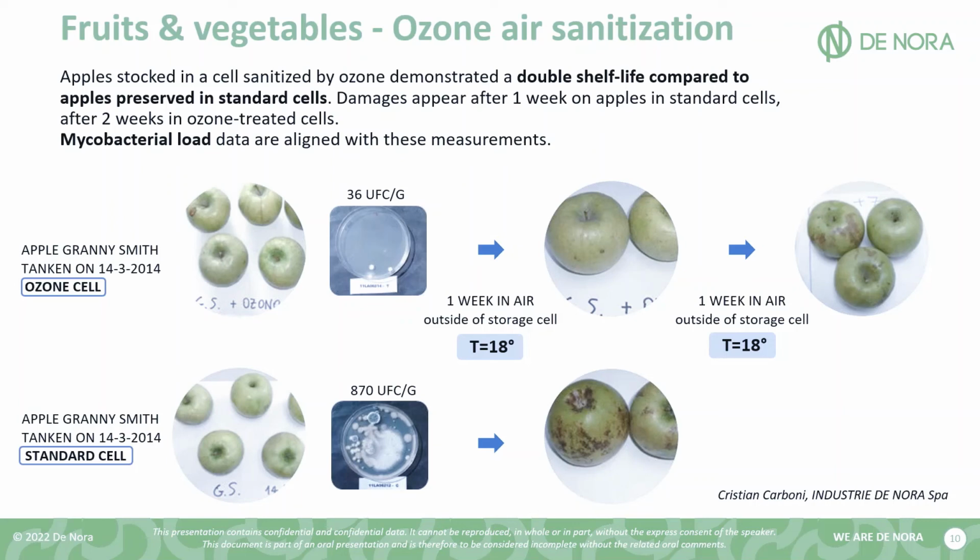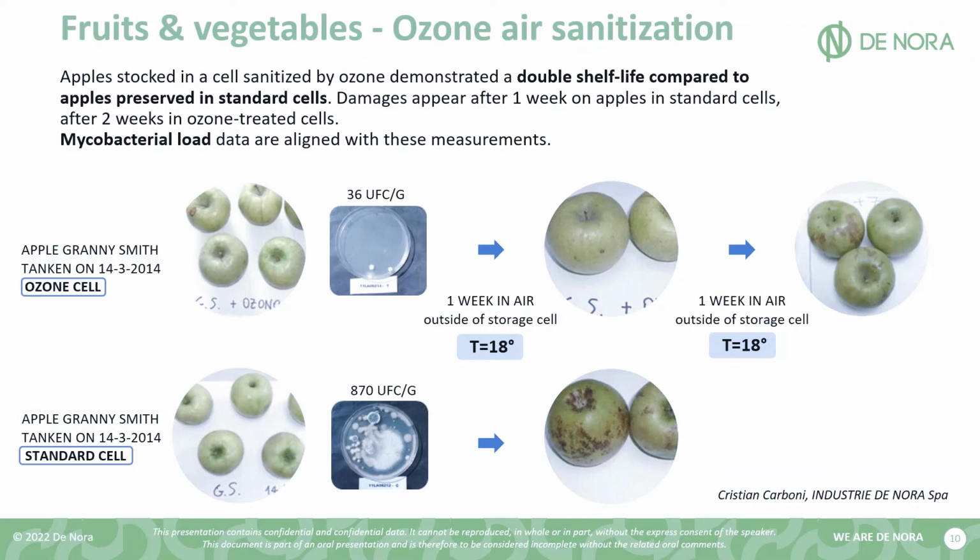We made the same study after this test on the apple, also on other products, for example citrus and so on. In fact, we found that ozone acts on mechanisms related to plant defense, especially, for example, systemic acquired resistance.